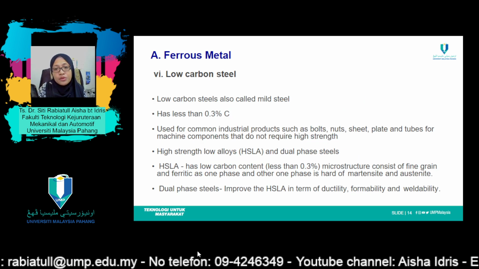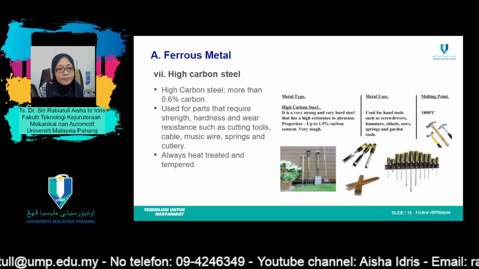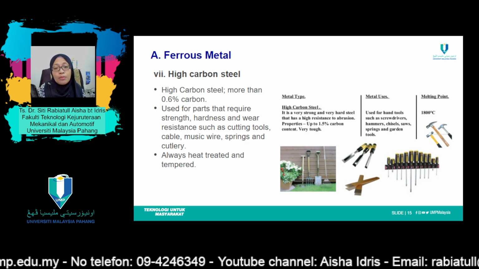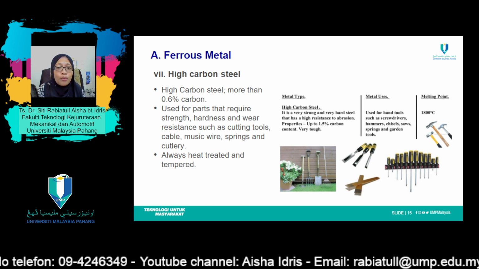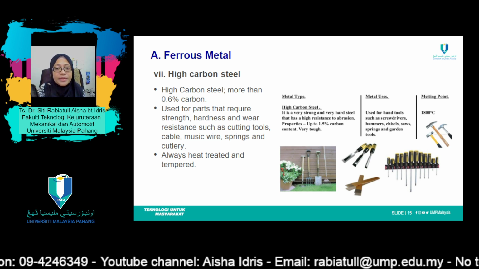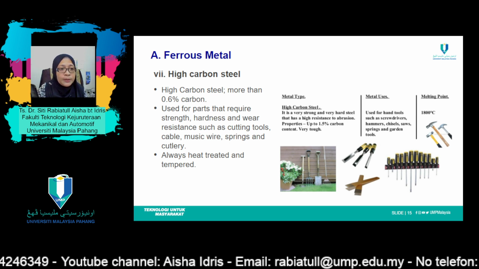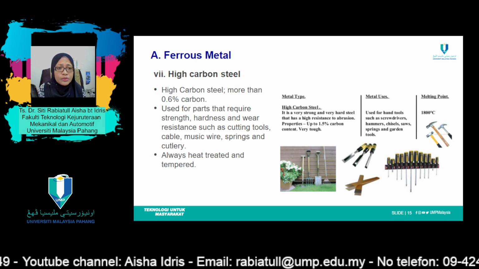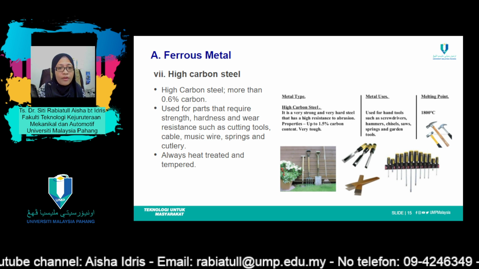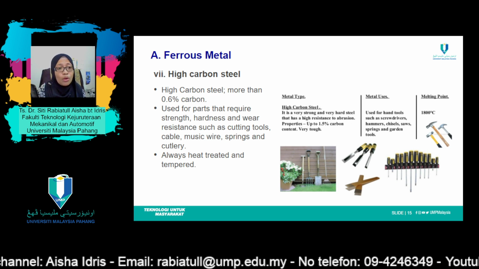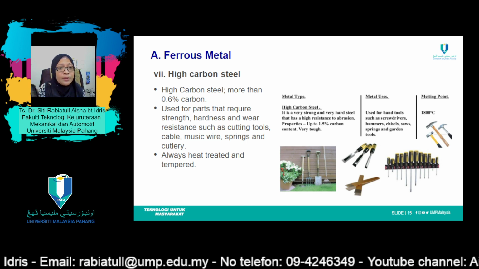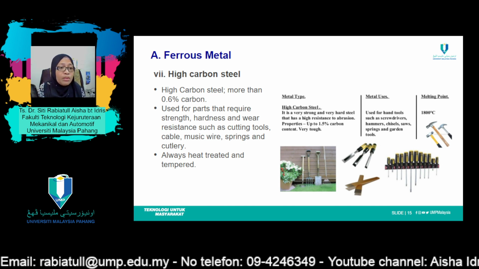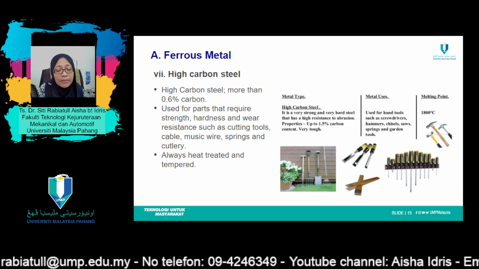So let's move on to high-carbon steel. The high carbon steel normally has a carbon content of more than 0.6 percent. They are the hardest, strongest, and yet least ductile of the carbon steels. They are almost always used in hardened and tempered conditions, such as wear resistant and capable of holding a sharp cutting edge.